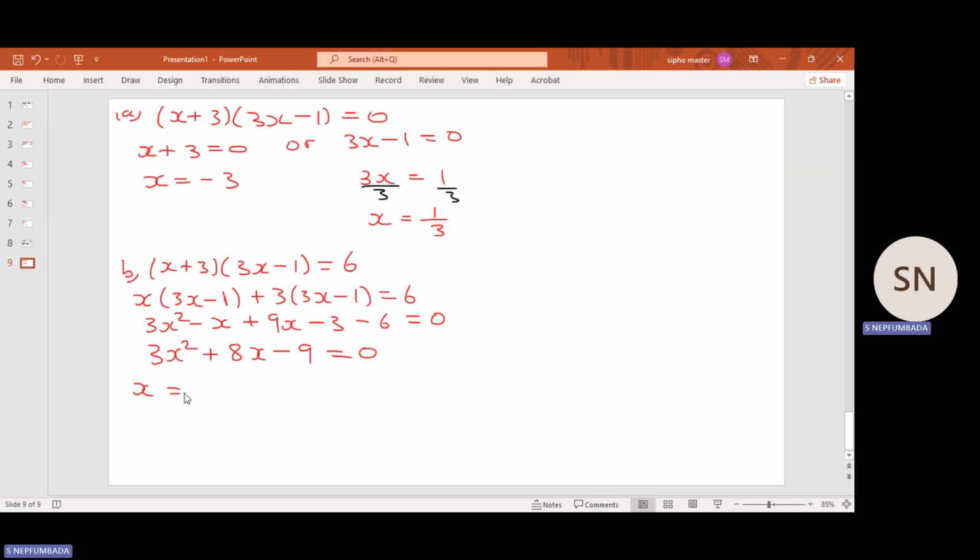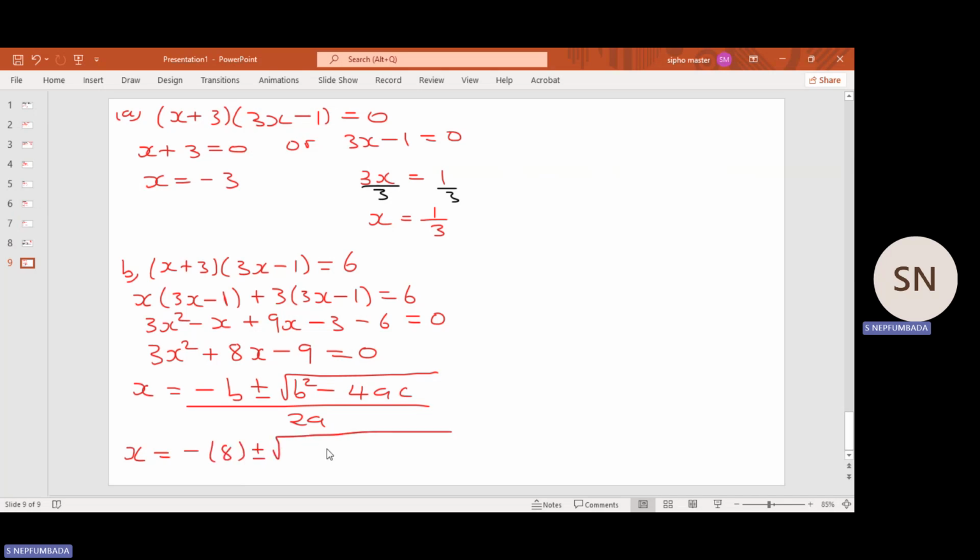Then we write our formula x equals to minus b plus or minus the square root of what? b squared minus 4ac all divided by what? By 2a. Then our x is equals to minus our b, which is 8, plus or minus. Remember, when you press your calculator, you choose one between plus or minus, which one you are going to start with.